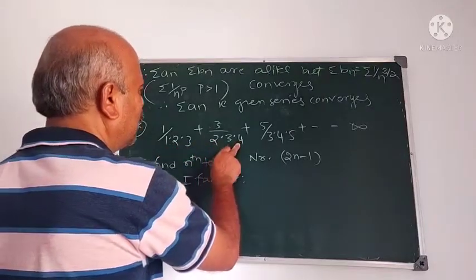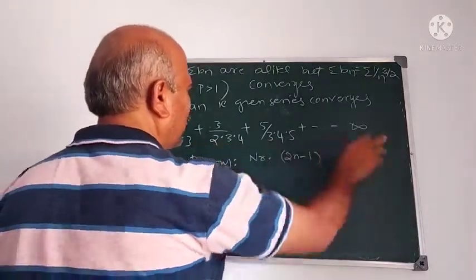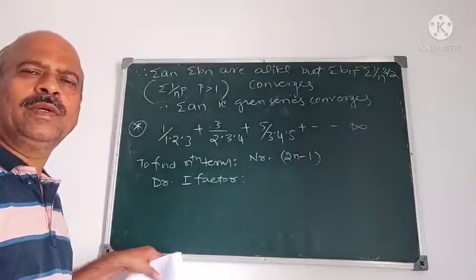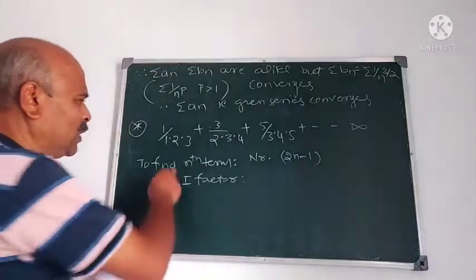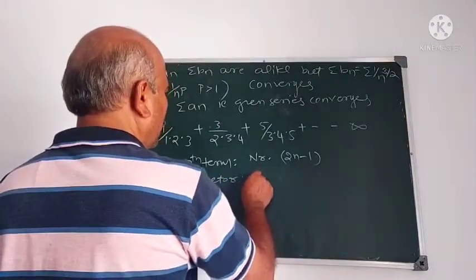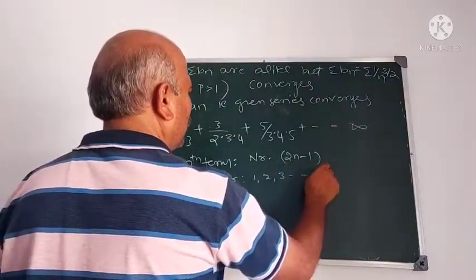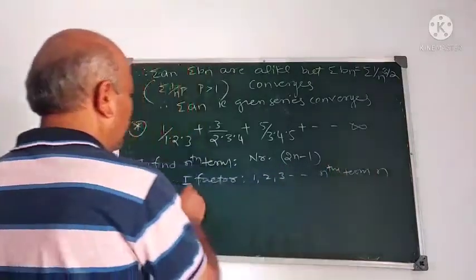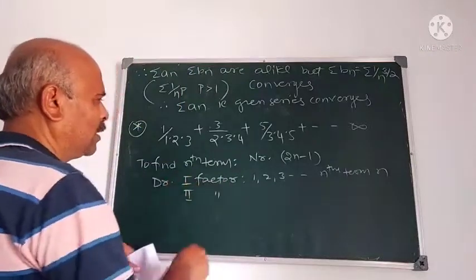Then 24. Then we cannot generalize. So we find the nth term factor by factor. What is the first factor? 1, 2, 3, etc. Therefore, nth term is n. Take the second factor in the denominator.